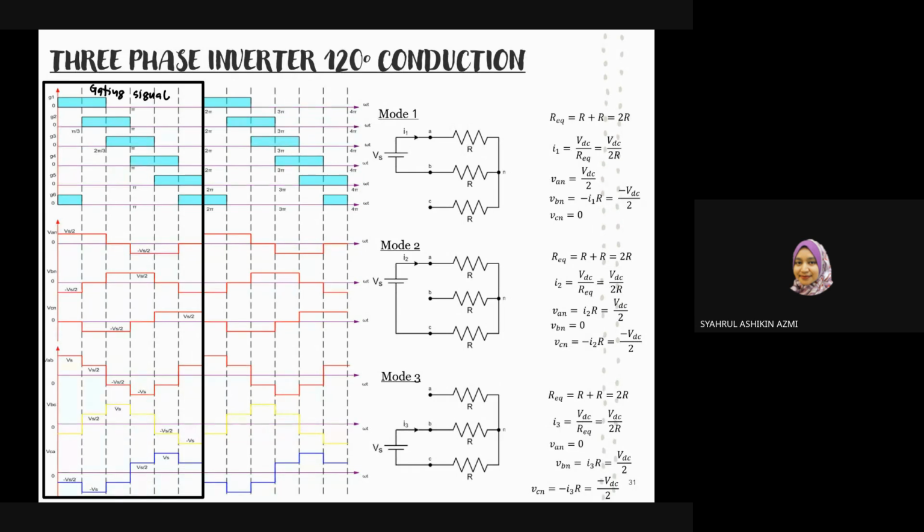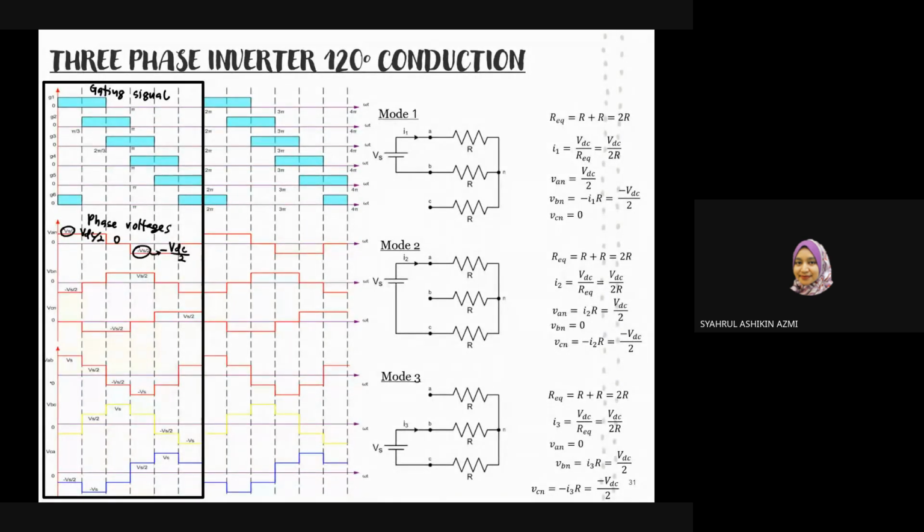So this is the phase voltage. As you can see, the shape is square. It has three levels of output, which are VDC over 2, 0, and negative VDC over 2. Same thing.